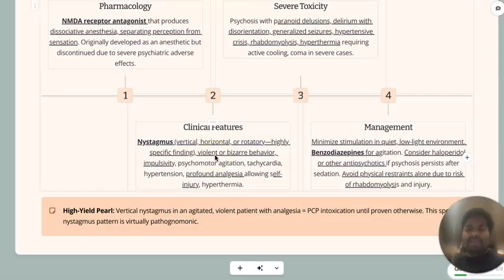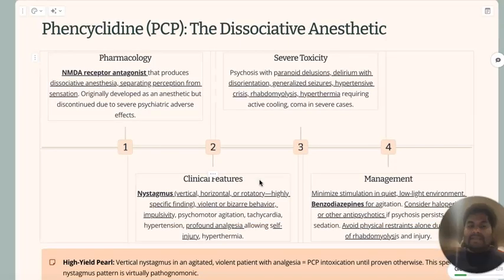And also when the person is taking PCP, he or she may have violent or bizarre behavior, becomes impulsive, psychomotor agitation is quite high, tachycardia, hypertension, profound analgesia. So because of this, the person may do self-injury because he or she doesn't feel any pain, and hyperthermia. So yes, based on the symptoms, phencyclidine is quite easy to diagnose.